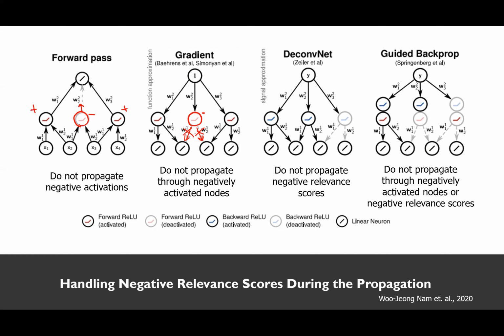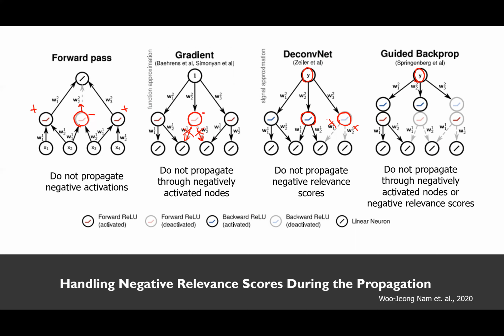But if we don't have binary classification and other negative values come, it is sometimes not good. So CompNet tries to allow the relevance which is positive, even if it did not contribute to the output, but does not propagate when the relevance score is negative.